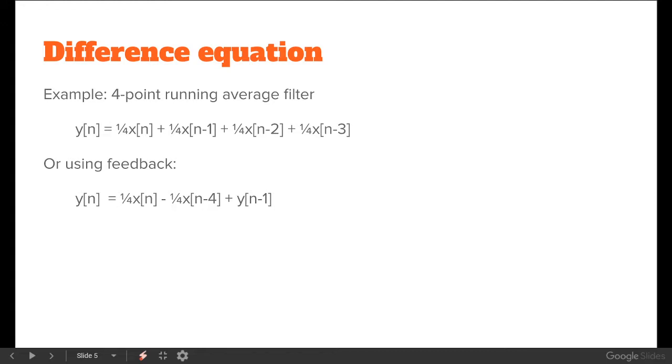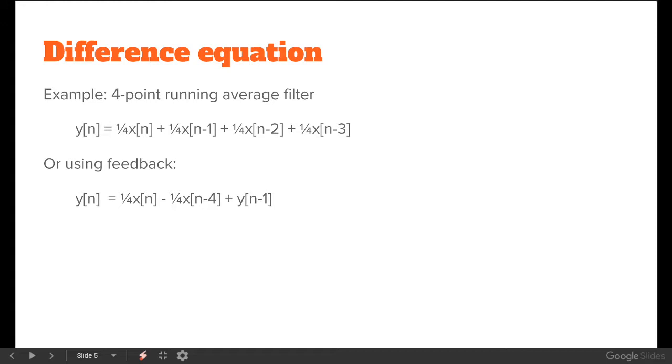The formula looks like this: y5 is y4, then you add the current value, 1/4 times x[5], minus 1/4 of x[1].